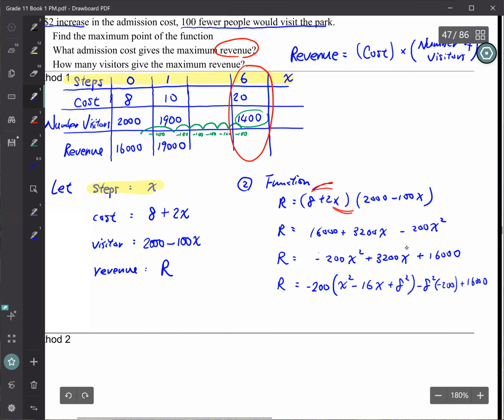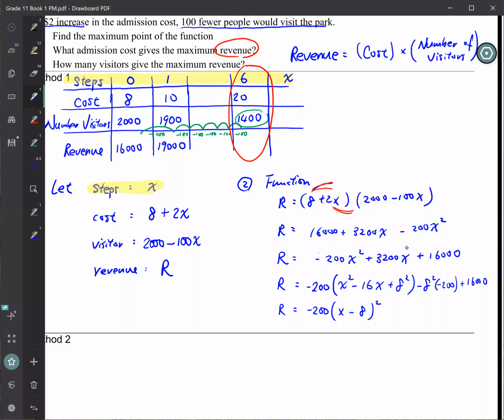Okay, and Marcus, are you done with the standard form? You want the APQ form? Yeah, the APQ form. A is negative 200, so negative 200 and then bracket x plus minus 8, bracket squared. I'm still calculating the end.